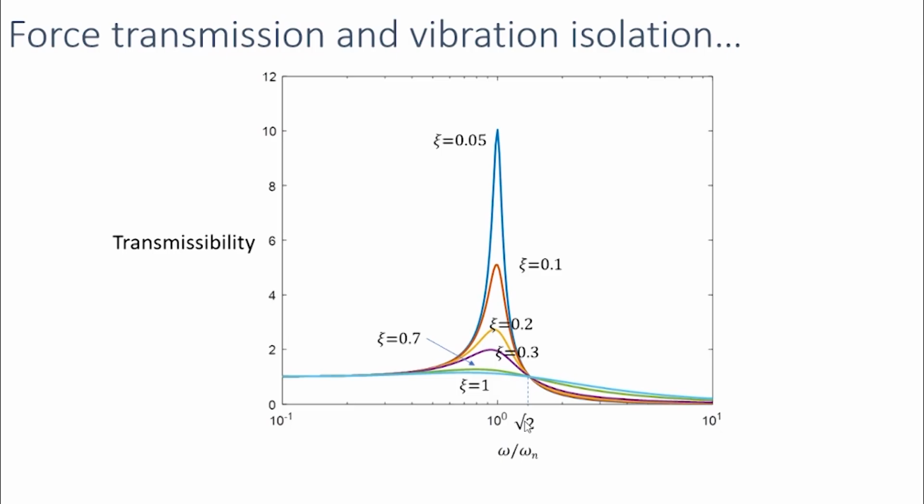But after frequency ratio is equal to root 2, this relationship changes. So beyond root 2, the transmissibility is high for higher value of damping. The transmissibility is smallest for the smallest value of damping.